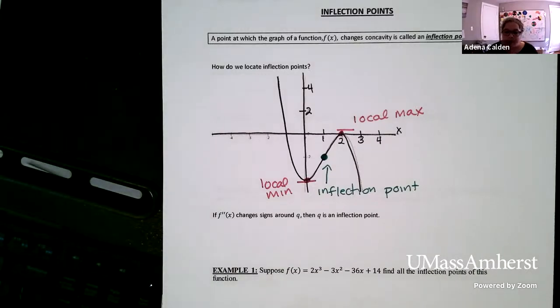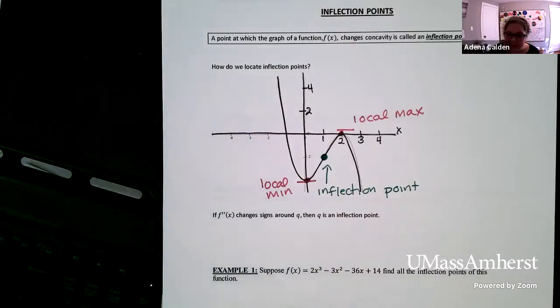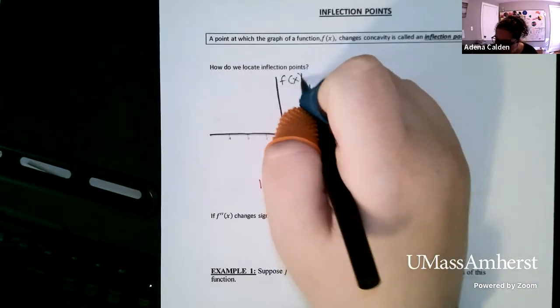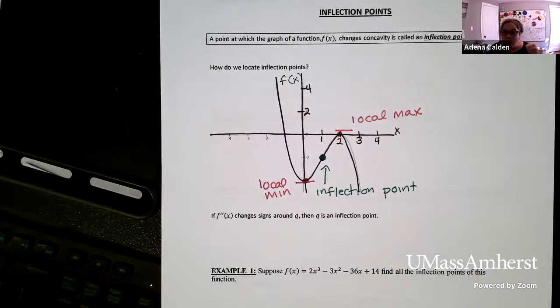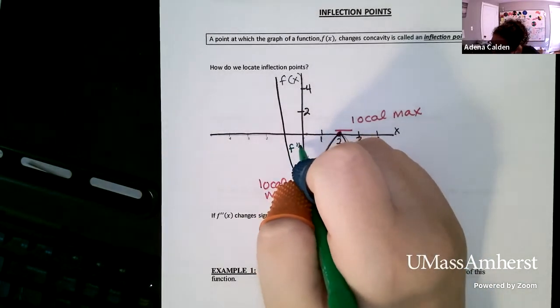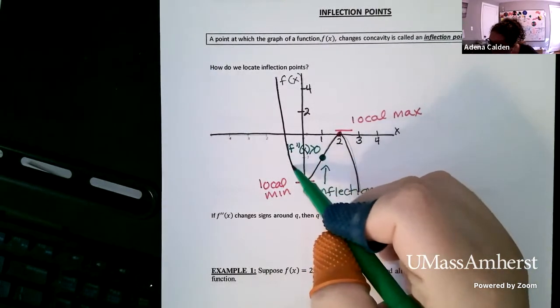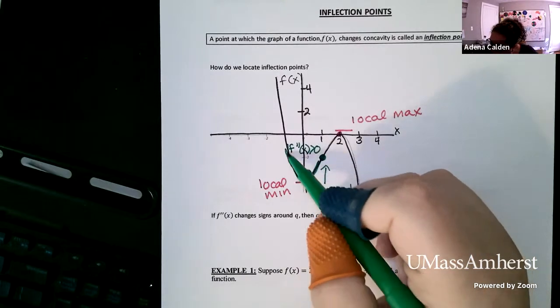So I want you to think about what we know about the second derivative and the concavity of the original function. As a reminder, this is a picture of f of x. We know that when the second derivative is positive, our function is concave up. So over here, where we are concave up, our second derivative is positive.